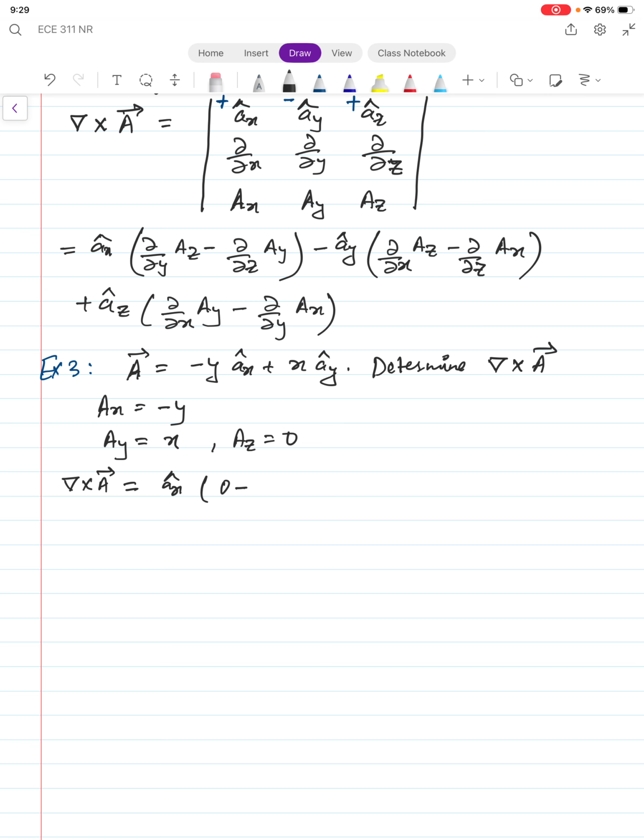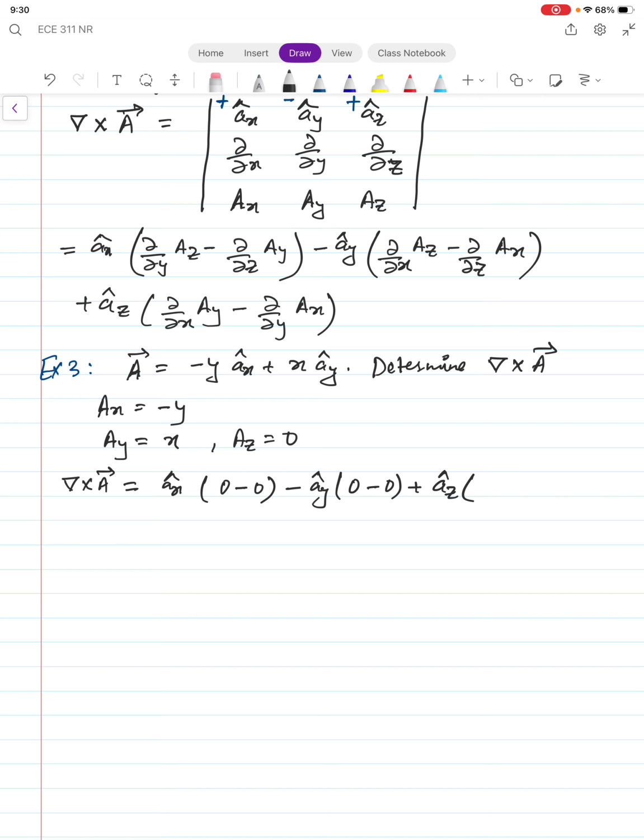The y component does not have any z variables, so that is also 0. For negative ay as it is, the z component is 0, and the x component does not have any z dependence, so that also becomes 0. And we have az hat.